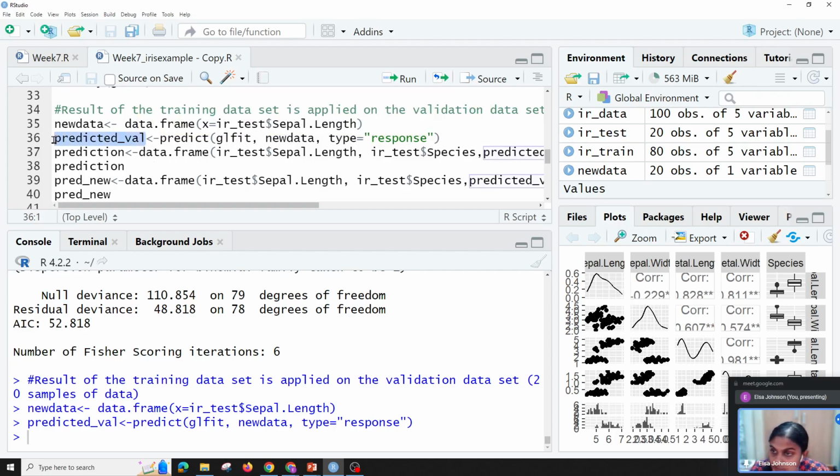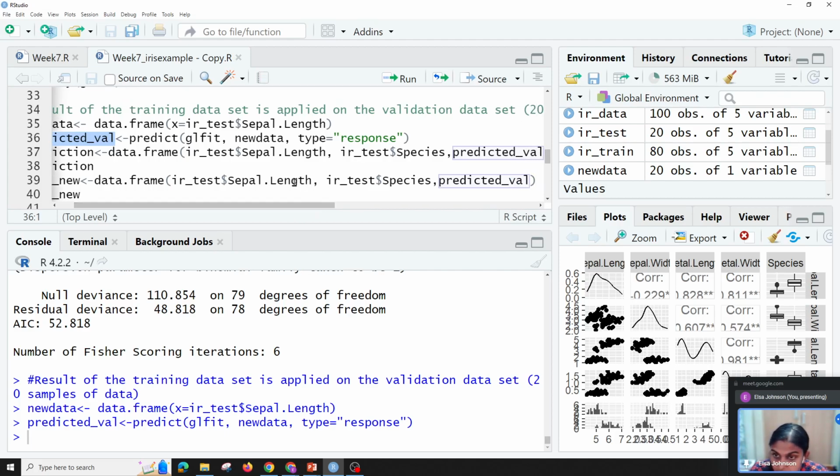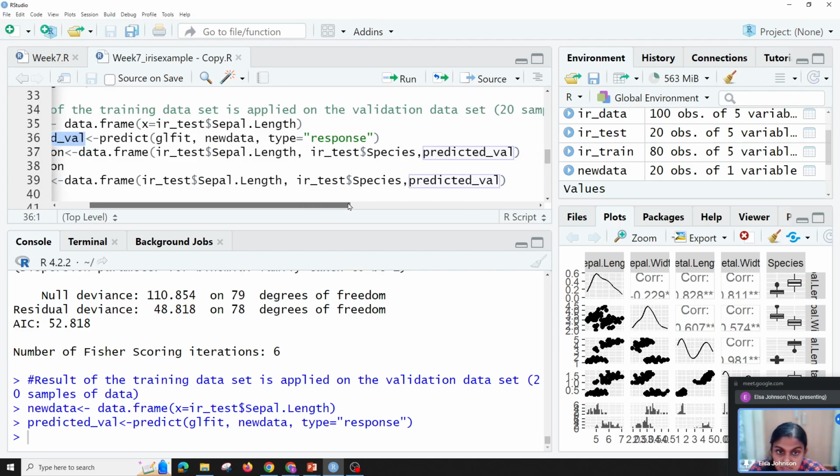So the predicted value is storing something. We will see what it is. It will be storing the probabilities. So I am forming a new data frame with sepal length, that is anyway our x parameter, then IR underscore test species is the y parameter, and predict underscore value is the new predictions which are done.